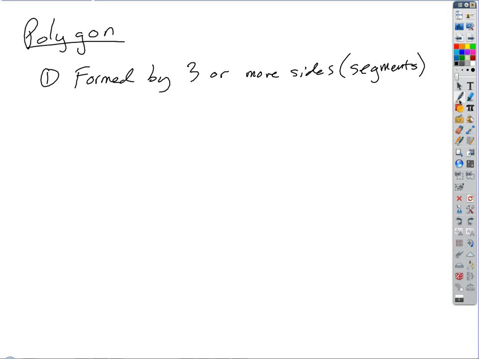And we just showed that no 2 of the sides can form a straight angle, right? Another way of saying that would be, so no 2 adjacent sides, meaning they share an endpoint or they share a vertex.